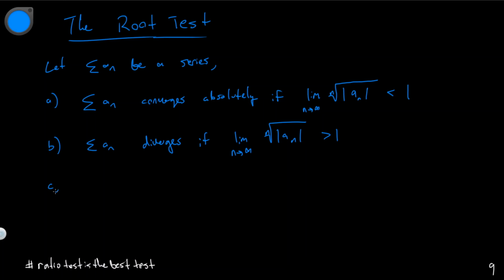And just like the ratio test, if the limit as n goes to infinity of the nth root of the absolute value of the sequence is equal to 1, the root test is inconclusive. I'll let that one marinate for just a second as I prepare my example.